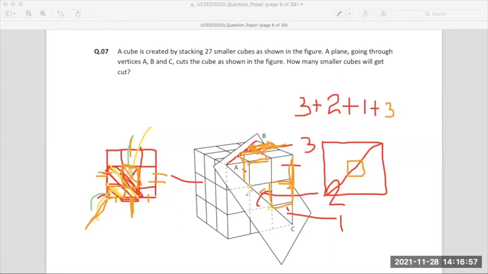This one, there will be one. Do you agree or not that there will be a cube happening in the middle? Yes, ma'am, a small cube in the middle. Will that be affected or not? Yes, ma'am, it may be affected. I don't know. Okay, fine, let's go.